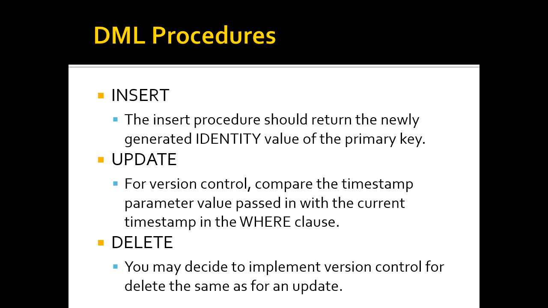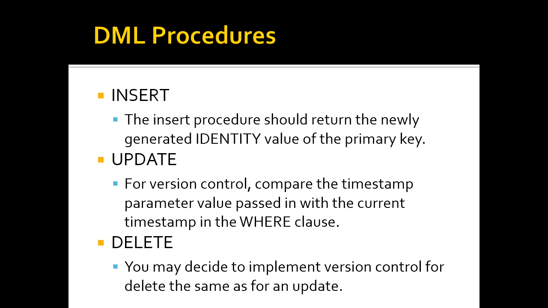So it's just a courtesy when we design these stored procedures: any insert stored procedure usually should return the newly generated ID value. The client might need to know that, so why not give it to them, right? That way the same stored procedure could be used whether you actually need it or not. Sure, it's true that in many cases the client might not care. At this point in time it doesn't need to know, but if it does, you want to make sure you're providing it. So it's a standard approach on how we write the insert: give them the new ID, whether it's an integer or anything else.